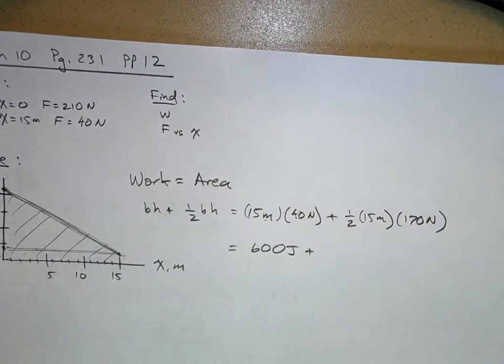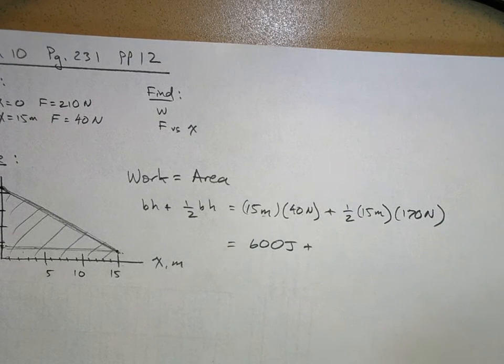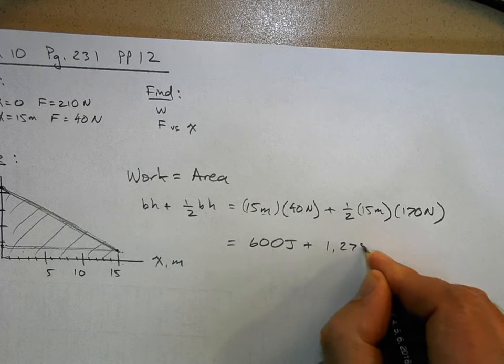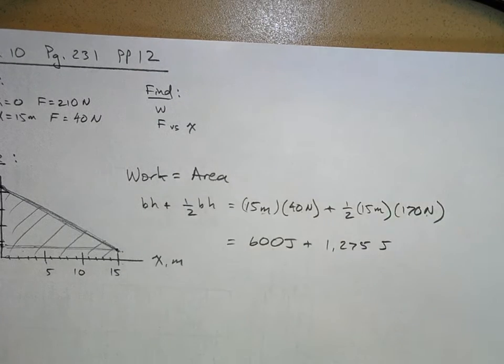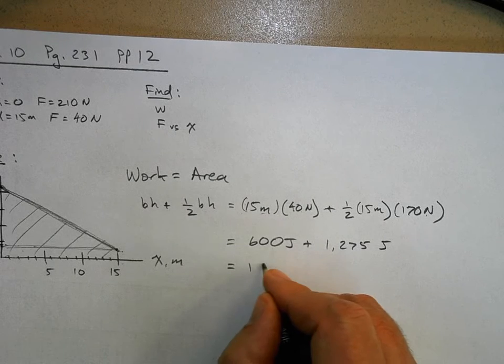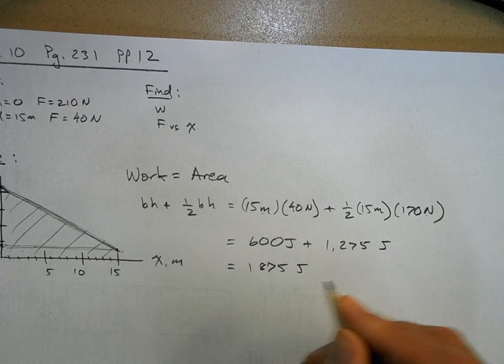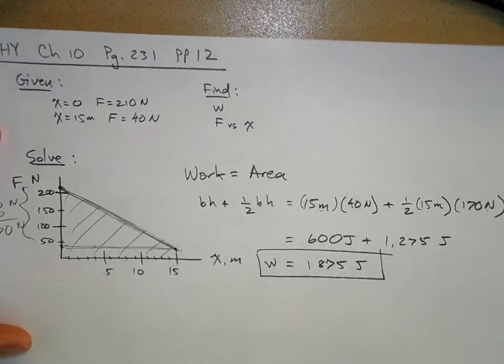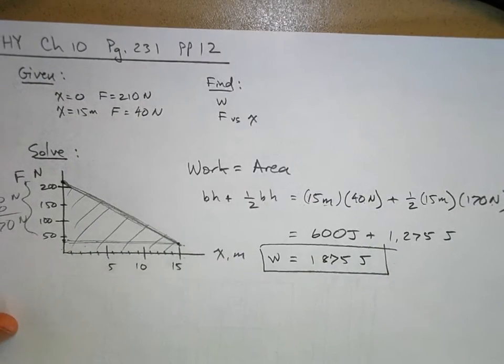Plus, and I can't do that in my head, so I'm going to go with the calculator, 170 times 15 divided by 2 equals 1,275 joules. A newton times a meter is a joule. So that's 1,875 joules. That's how much work was done to push that car through 15 meters.